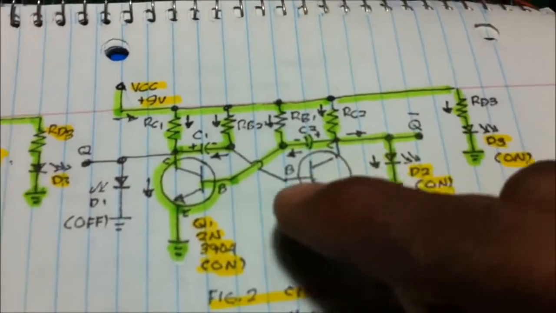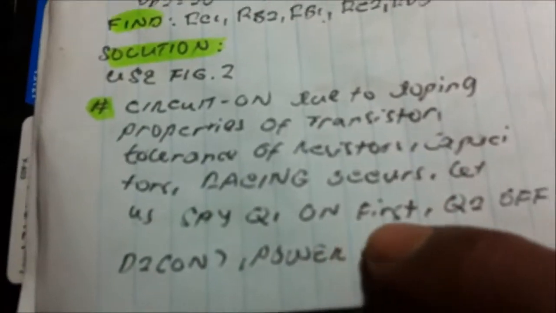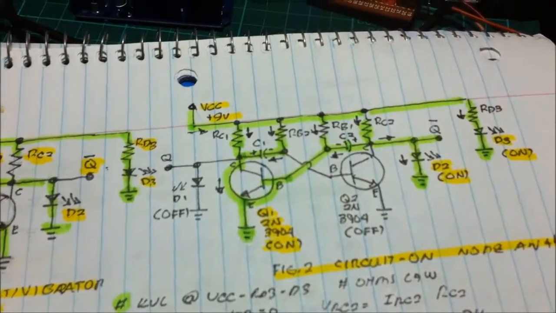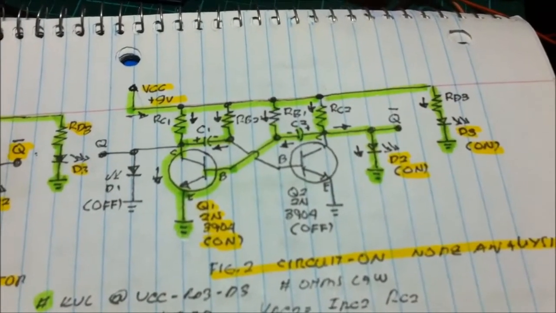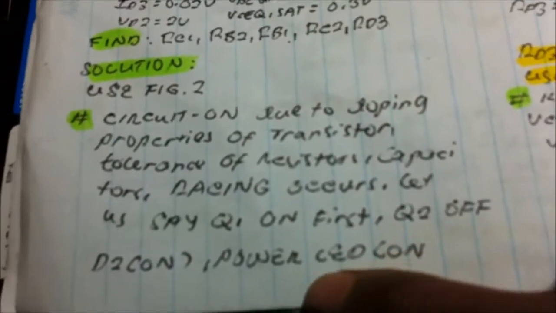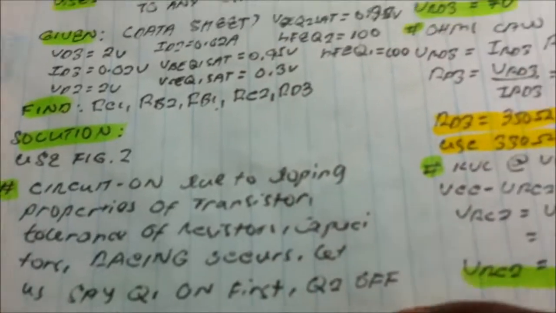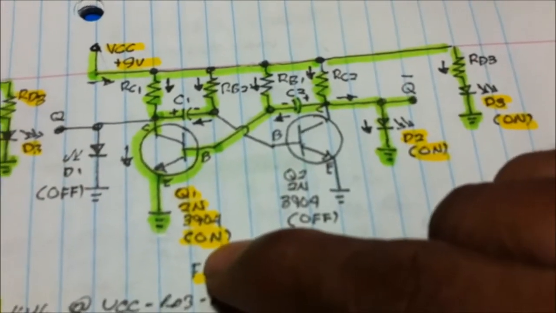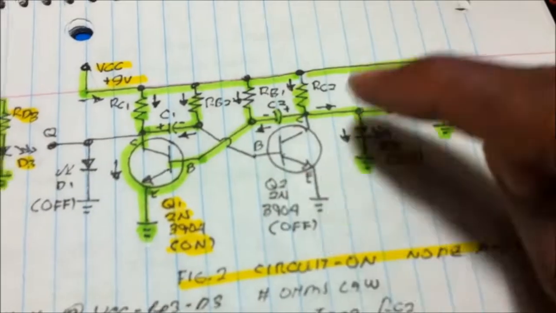So during the racing, either one of these two will be first to turn on, either this one or this one. So let us say Q1 on and Q2 off. Power LED turns on. So let us say this one is the first to turn on due to the racing.